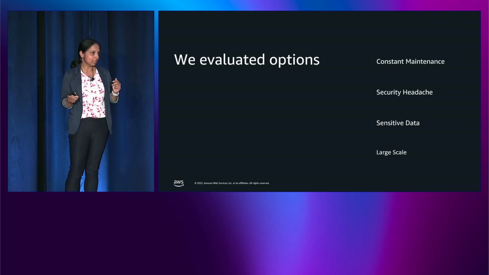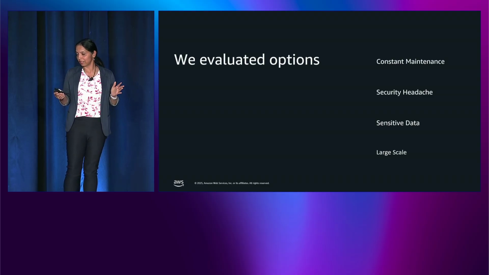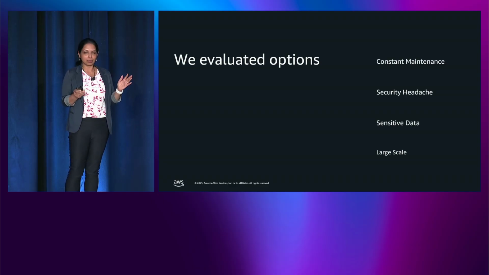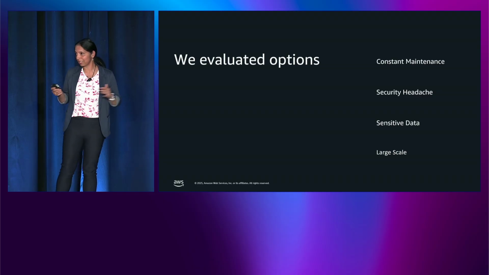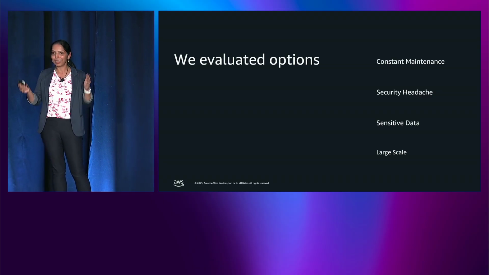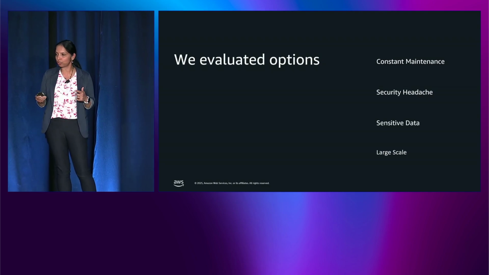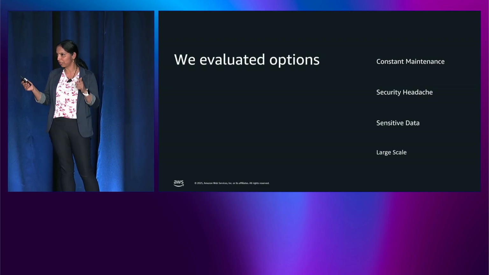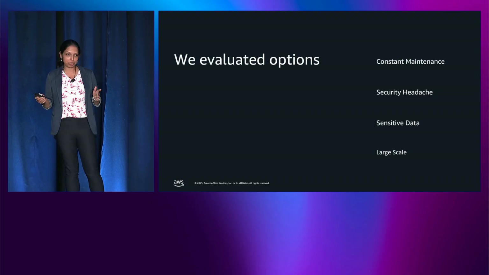Second thing that the Agent Core code interpreter does, which is kind of a differentiator compared to a lot of the other tools, is that it handles stateful multi-step analysis. So for that entire session, it's able to do a multi-step analysis process to ensure that you get the most accurate results. And then scalability.